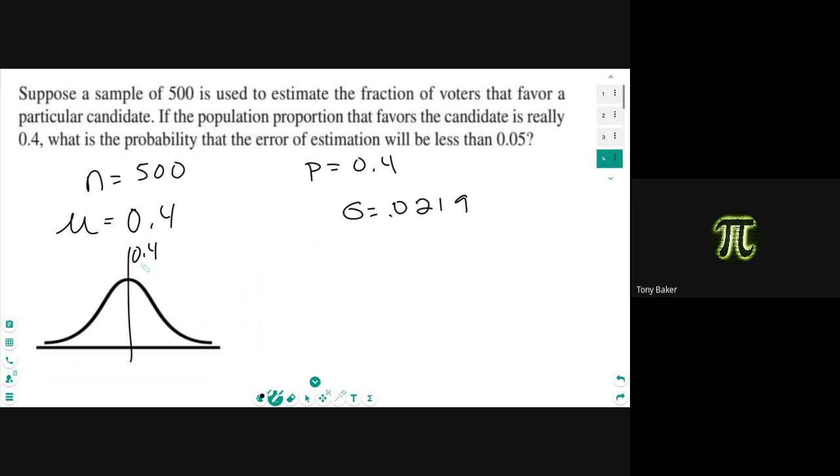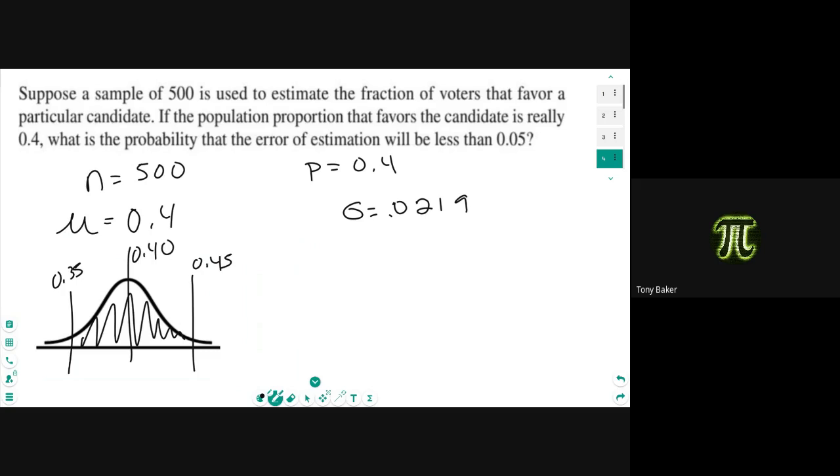So 5%, this is 0.40, right? If I go 5% below and above, the margin of error would be exactly both directions. So I'm going to go down to 0.35 and up to 0.45, and I'm looking at the middle, because that would be where the error is less than 5%.